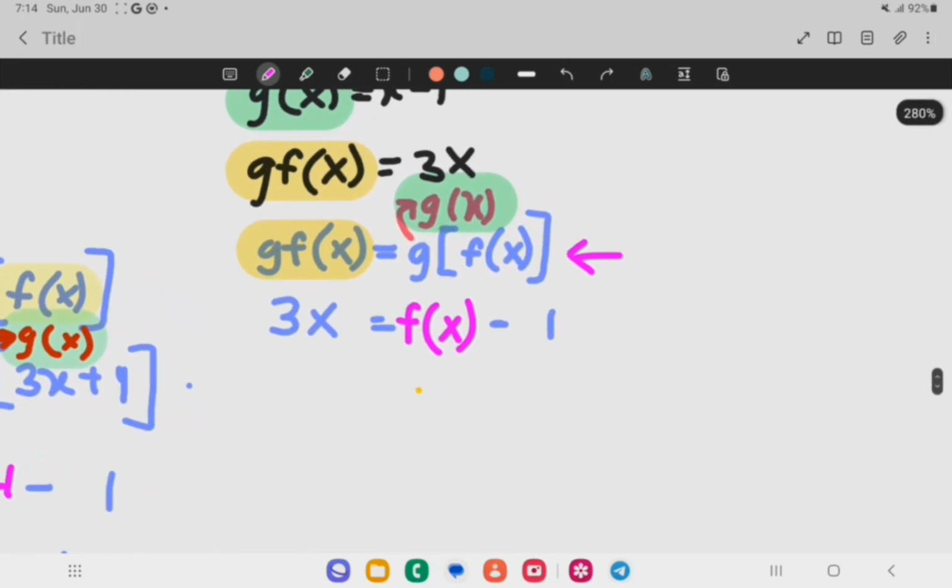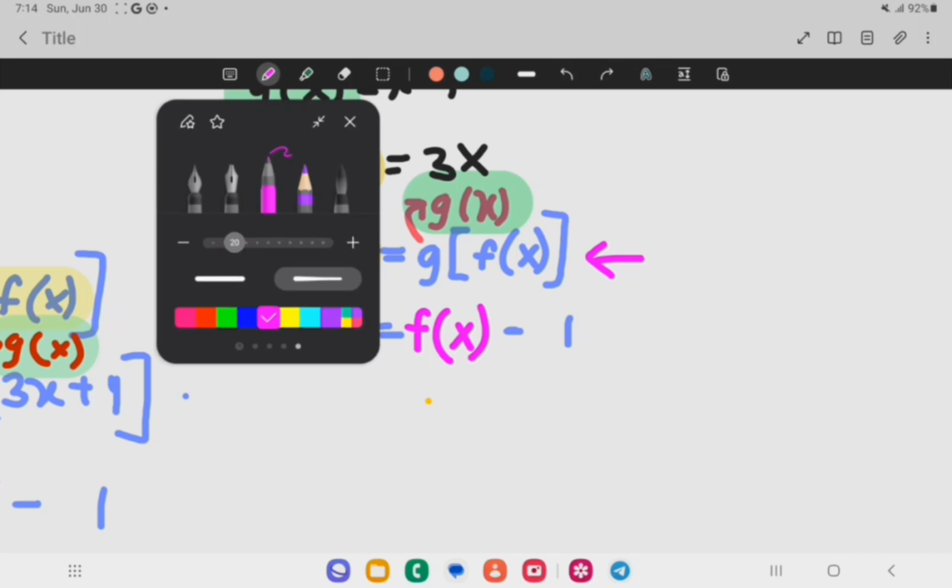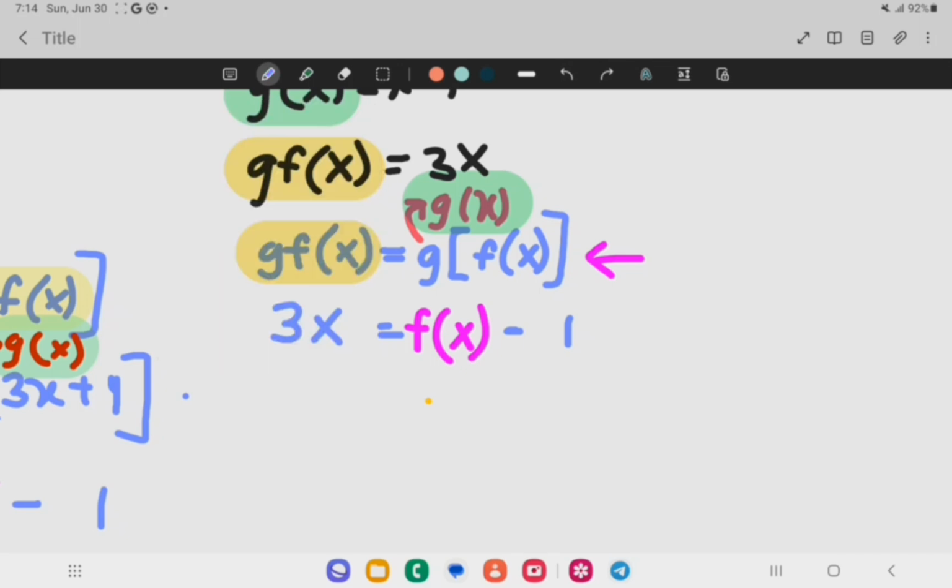Once you are done with this, anything other than fx, you are going to move it over. As you can see here, there is a negative 1, so you are just going to move it over. When you move it over, minus 1 will become a plus 1.